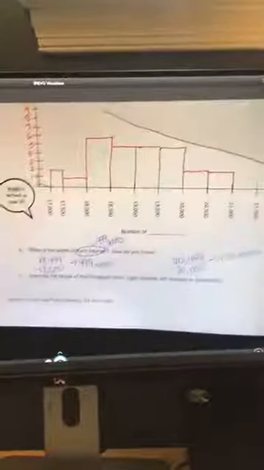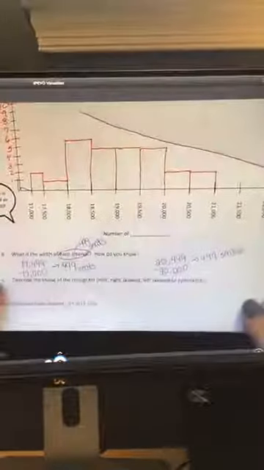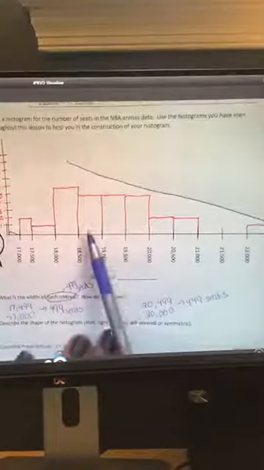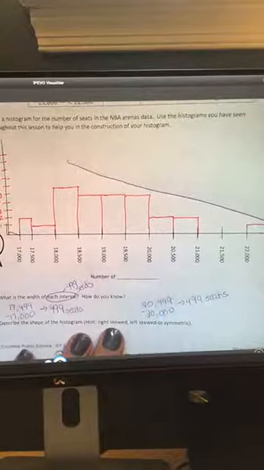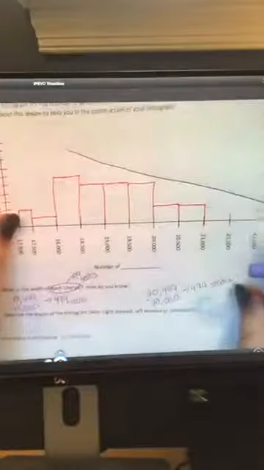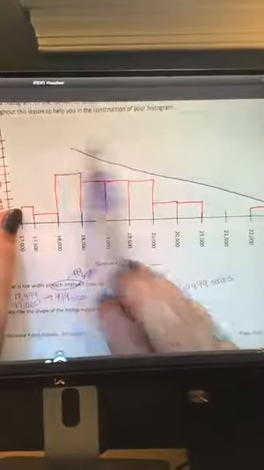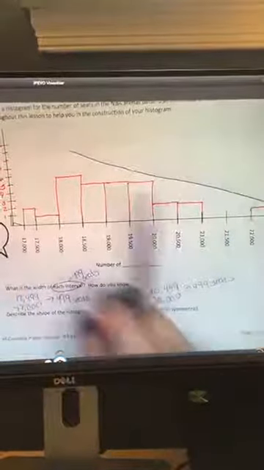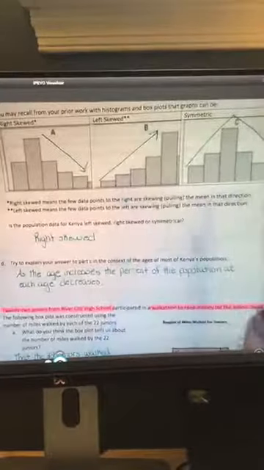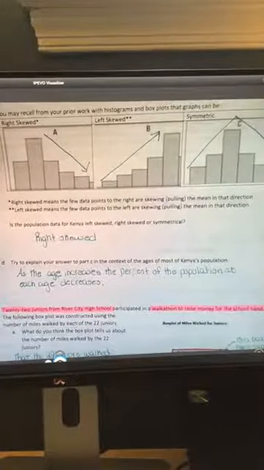What I'm trying to get at is these two data points may throw you off, but when you see that there are so many other data points on this side, these two get outweighed by these over here. So if we start high and then go low, is that right skewed, left skewed, or symmetric?